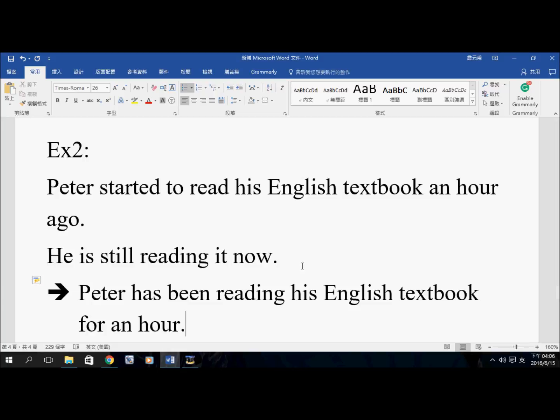But if you use the present perfect tense, you do not put emphasis on the fact that Peter is still reading the book. Maybe he is reading the book, maybe he is not. You do not put emphasis on the fact that he's still reading it. If you want to emphasize the fact that he's still reading it, it's better to use the present perfect continuous.